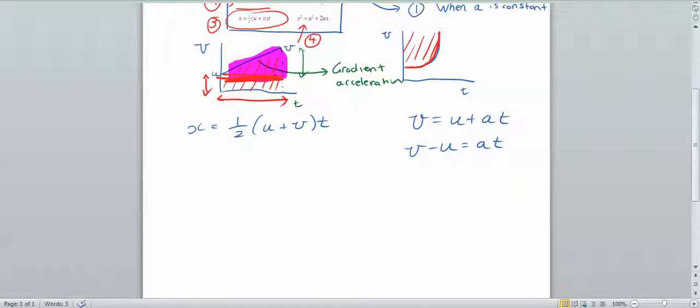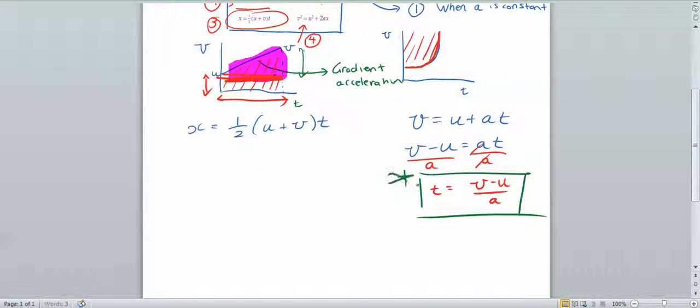And then I'd have to divide this side by a, this side by a, which is going to give us t is equal to v minus u on a. Now let's put an asterisk there, and I'm going to use that value there and sub this value for t in over here.